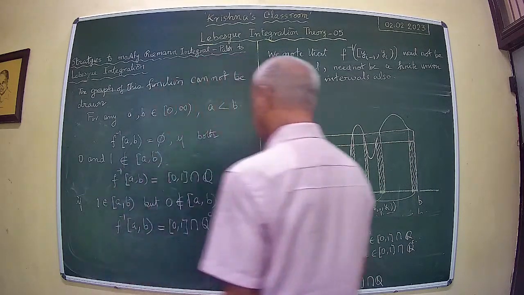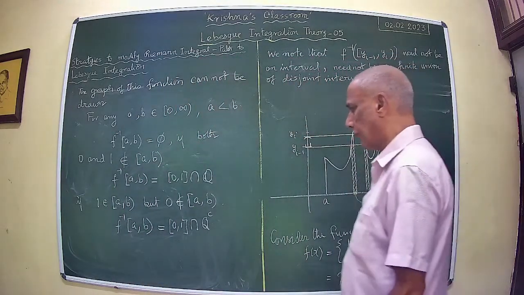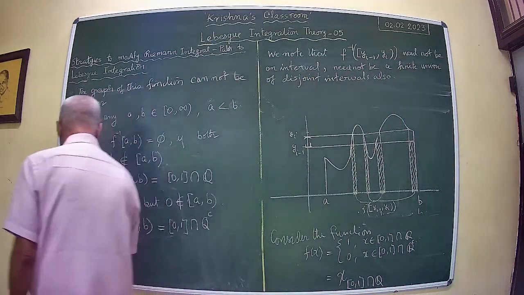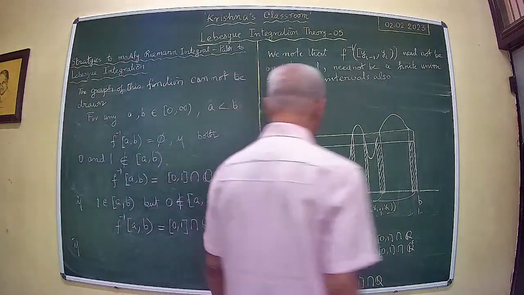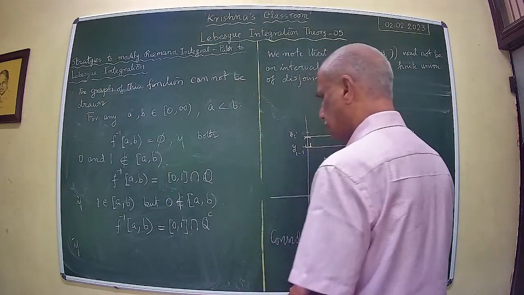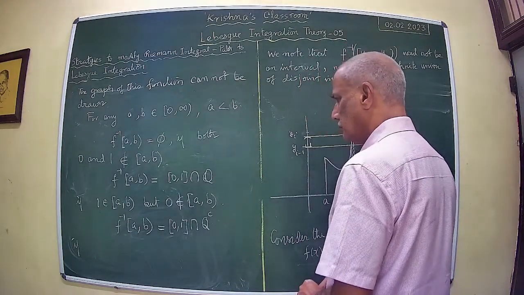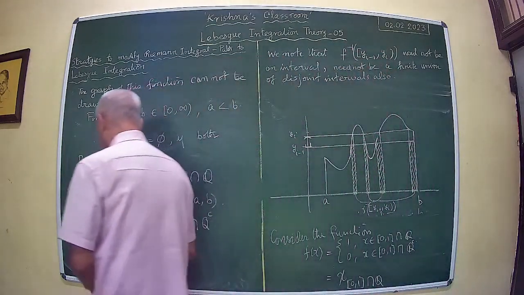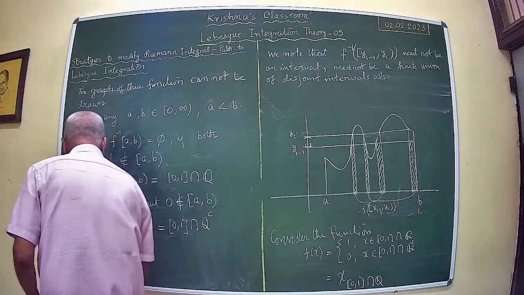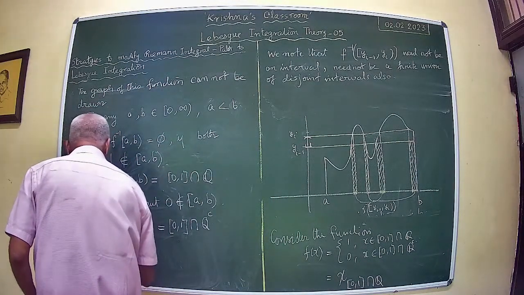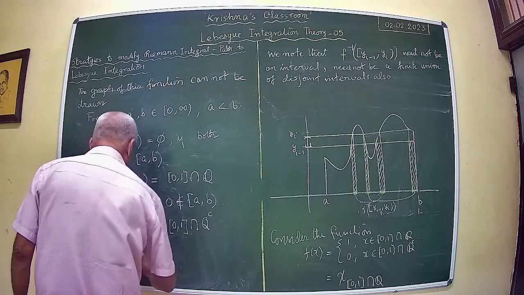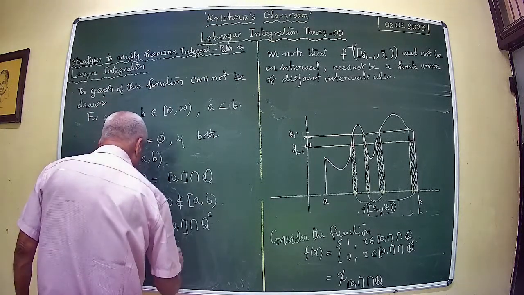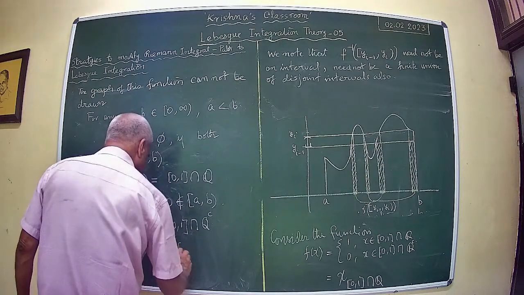Complement means all irrationals, if 0 belongs to (a,b) but 1 does not belong to (a,b).